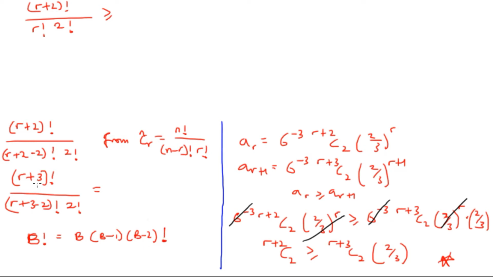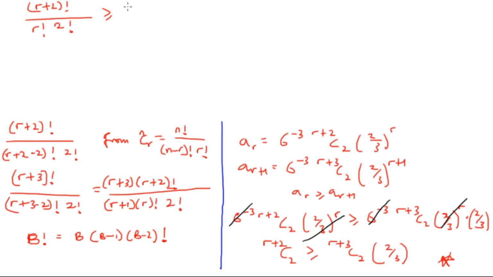So if I have (r+3) factorial, because I would like it to cancel out with r+2, I reduce it so that it becomes r+3, and the next one will be r+3 minus 1, which is r+2, and I put it with factorial. R+3 minus 2 is the same thing as r+1. There is a way I can write r+1 so that it ends up in r factorial: r+1, the next one will be r+1 minus 1, which is r, then I end it with factorial, and then I have 2 factorial.